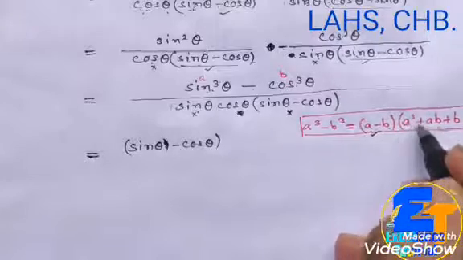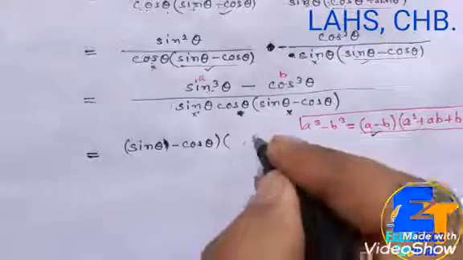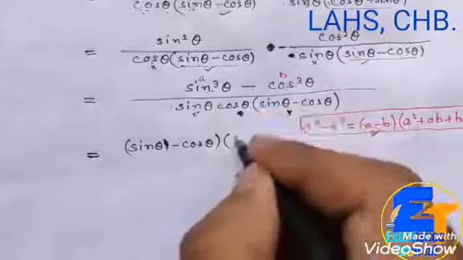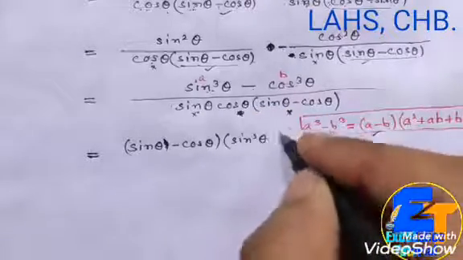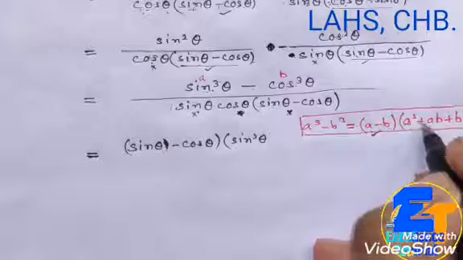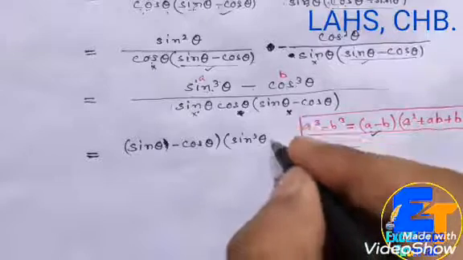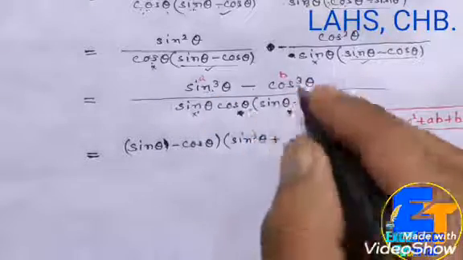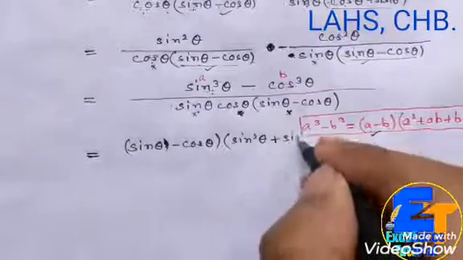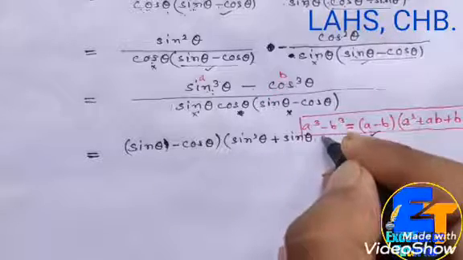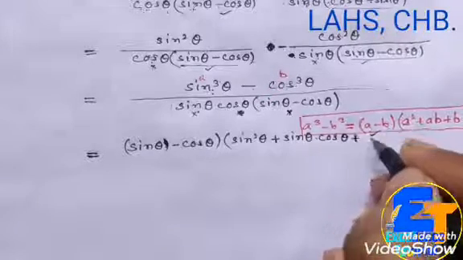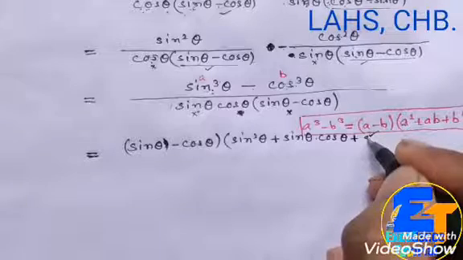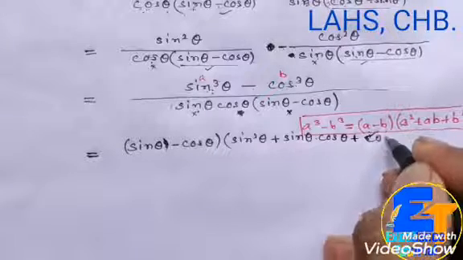In the next bracket, a square plus ab. What is the a term? Sine theta. A square, that is sine square theta, then plus ab, that is, the a term is sine and the b term is cos, so sine theta into cos theta, plus b square, that is cos square theta.